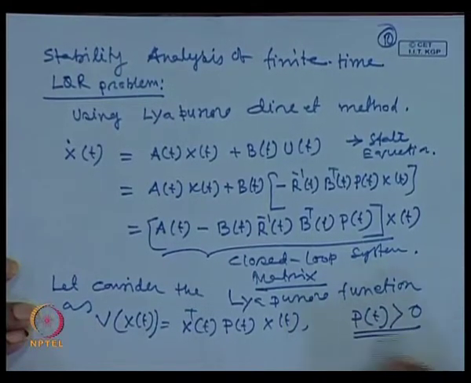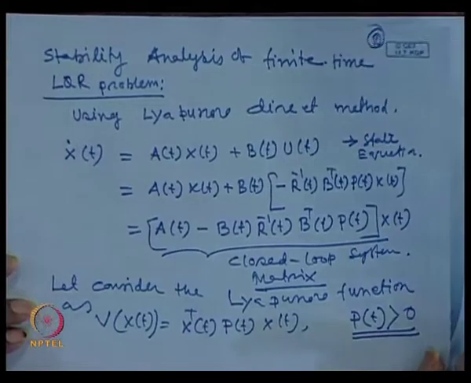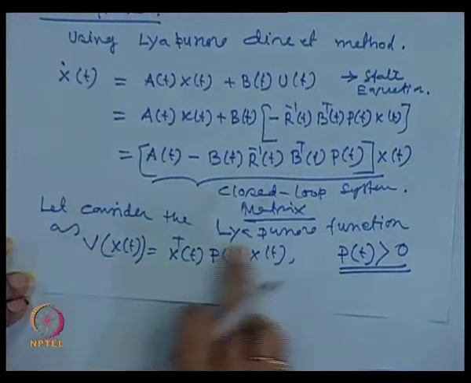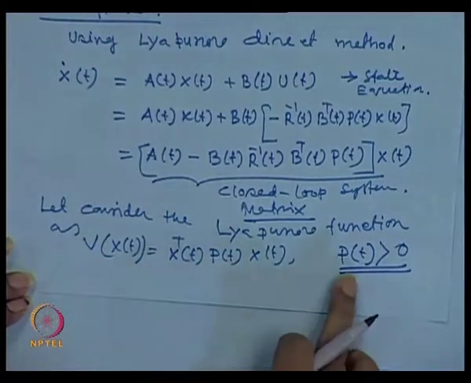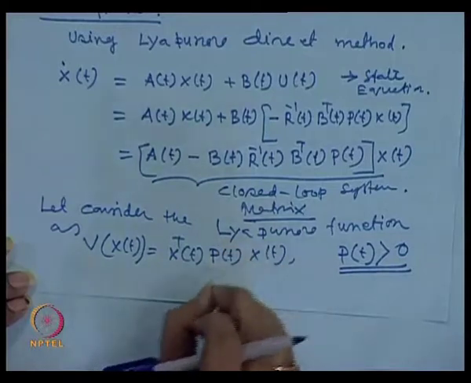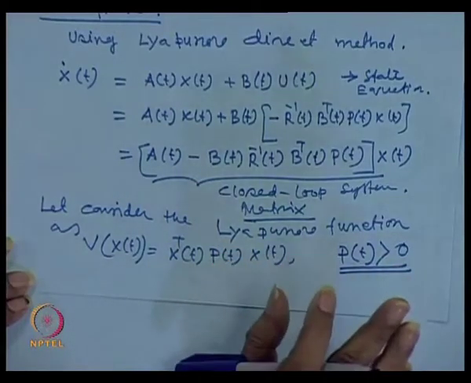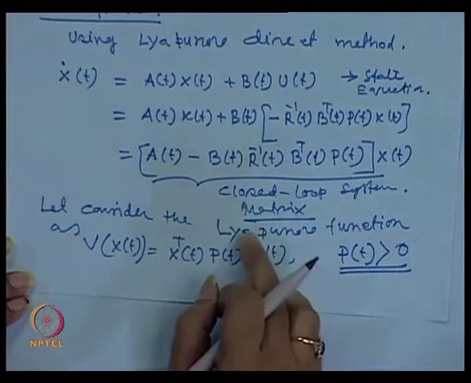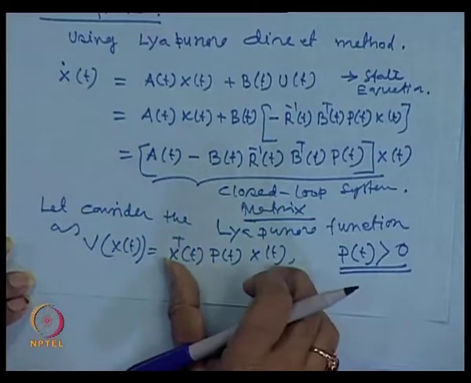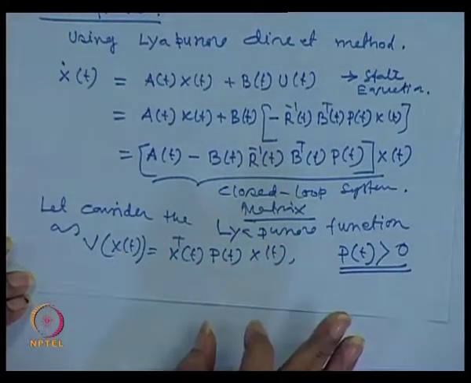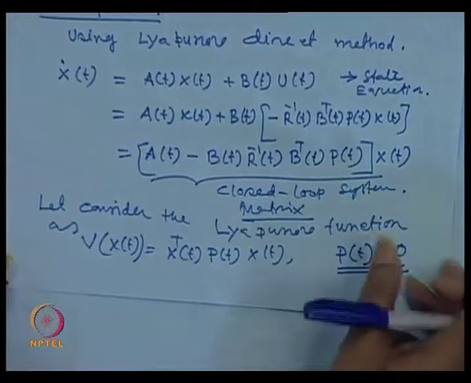This is the Lyapunov function we have considered. When P is greater than 0, this function value is always positive for any value of t. This is nothing but an energy function, and its value is either positive or 0, it cannot be negative.